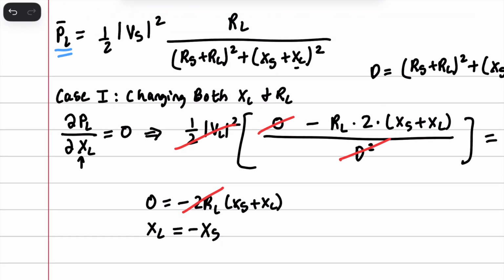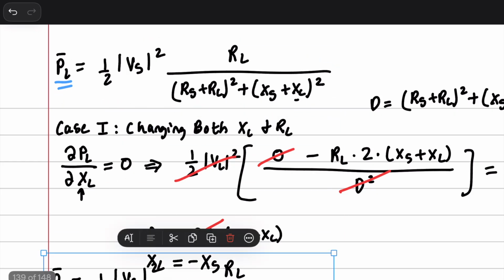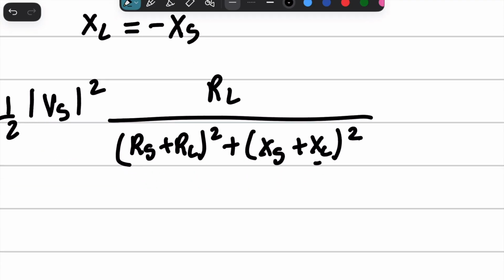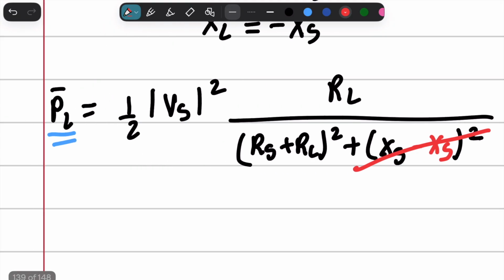Now here's the cool thing. When we take our function again, because we found our value of XL that is going to optimize this, we can say that this now is negative XS. So that means that this removes the reactive portion.